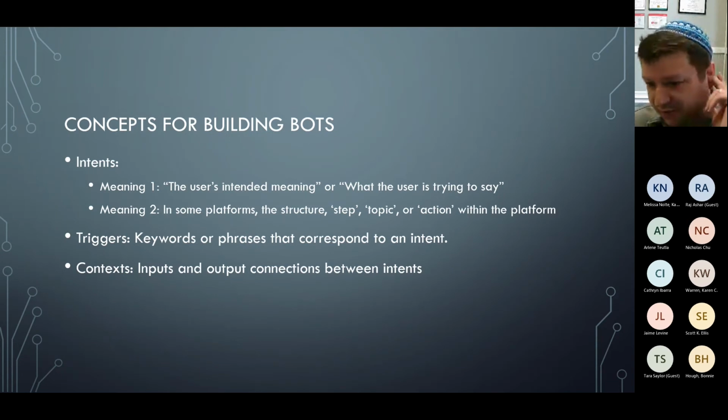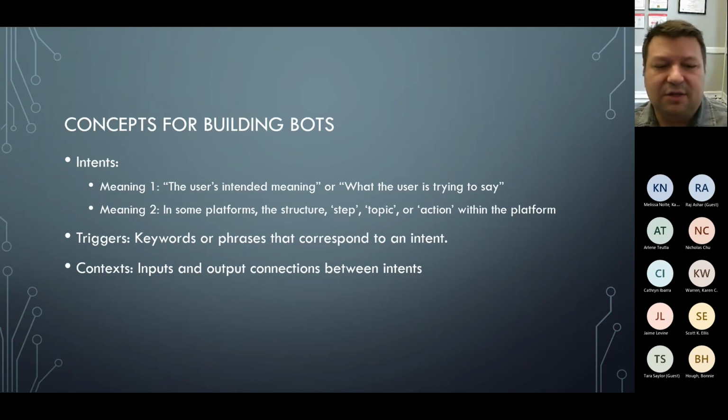Triggers are keywords or phrases that correspond to an intent. You want to make sure you don't have overlap where the same phrase or keyword corresponds to different intents, or the bot might not pick up the right one. During initial development, these triggers and phrases are developed by the chatbot developer in partnership with the customer organization.